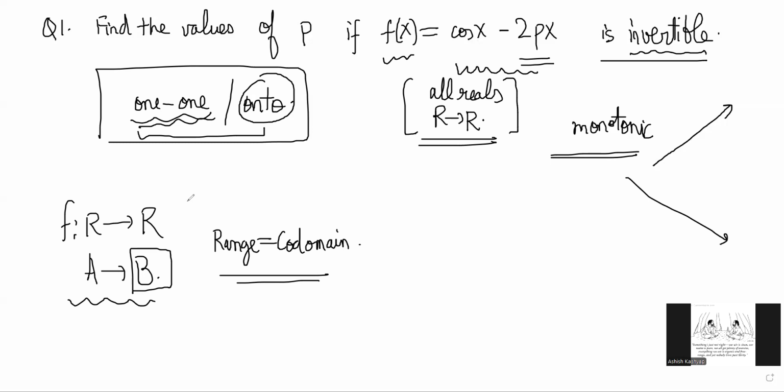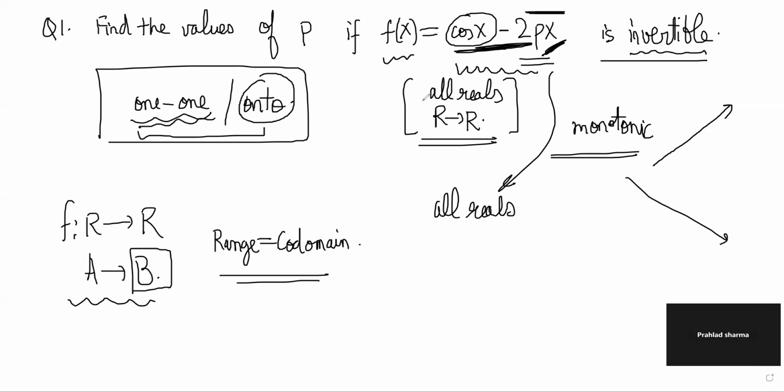Because nothing has been said, right? You should also realize that the range of the function is all real numbers. Why? Cos is a bounded function, but because of the linear part 2px it will touch all reals, right? Is everyone understanding what I'm saying? Yes, sir. So because this 2px linear part makes its range all reals, we can forget about the onto condition.